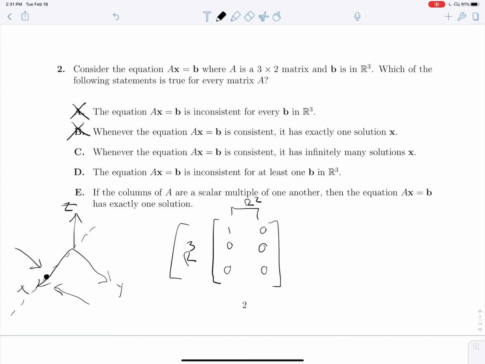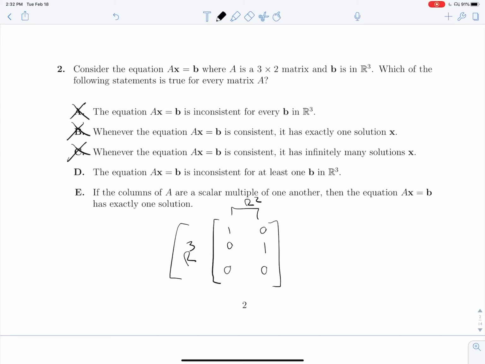So no, we don't have to have exactly one solution x. And like we saw earlier, we don't have to have infinitely many solutions x. Our matrix that looked like this right here was 1-to-1, and it did absolutely nothing to 2D space. It just expanded into 3D space, and we had one solution for every input vector. So C is incorrect. What about D?